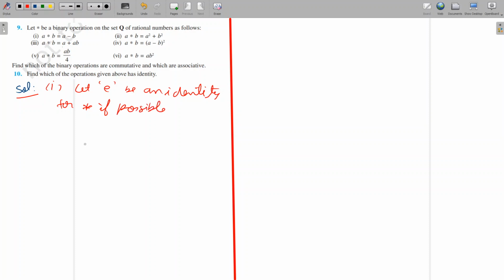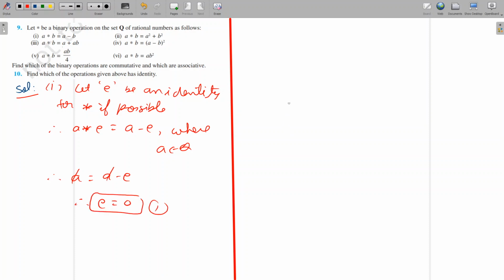And we know that if E is an identity, then A star E is equal to A, and E star A is also equal to A. Therefore, A star E equals A minus E, where A belongs to Q. And if it is an identity element, it should be equal to A. So A equals A minus E, and this gives us E equal to 0.